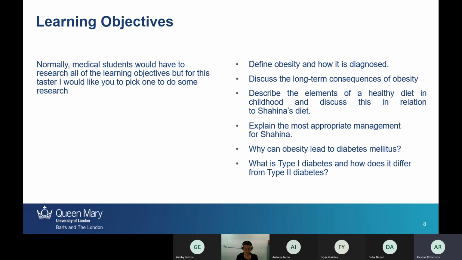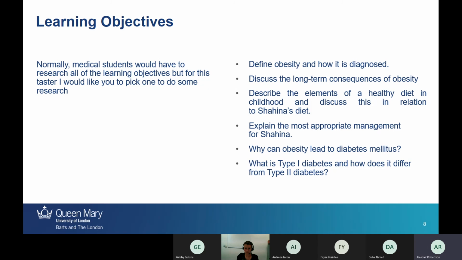Type 1 diabetes is often diagnosed in childhood, whereas type 2 is usually diagnosed in over 30-year-olds. And you talked about the treatments and some of the differences, so that's great.